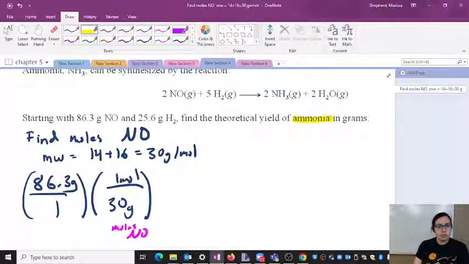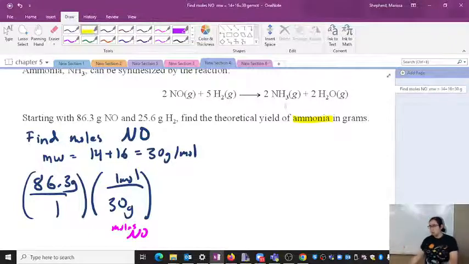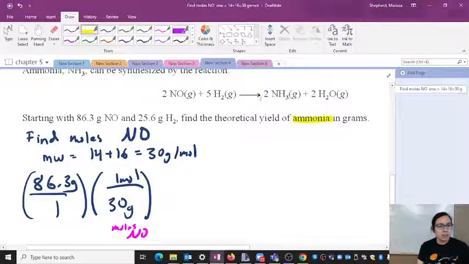Moles of ammonia? Yeah, so then what would I be comparing? Think back to the s'mores too, right? If you have 2 graham crackers, we had 1 marshmallow, so what would be the comparison here?